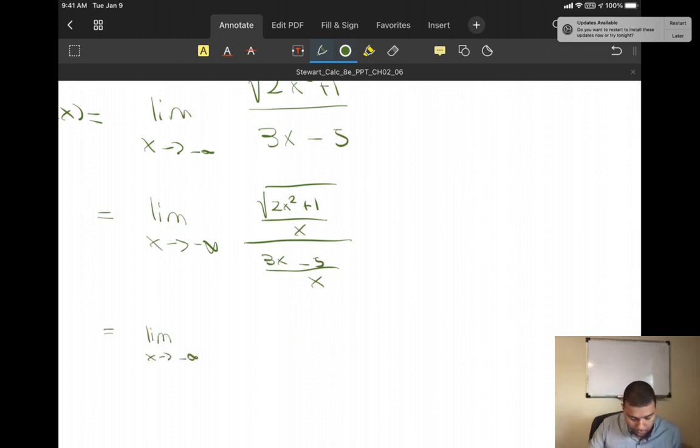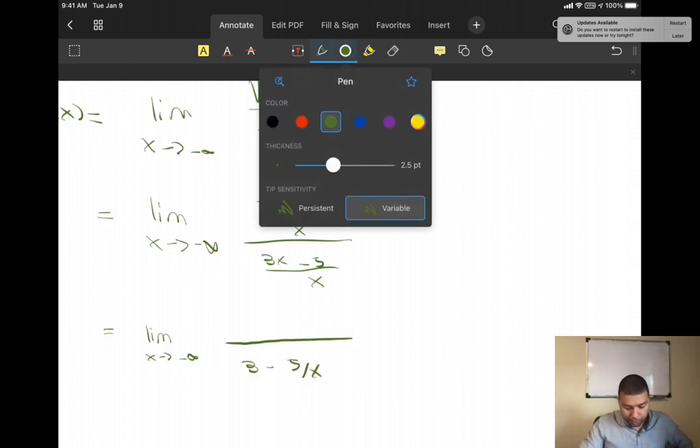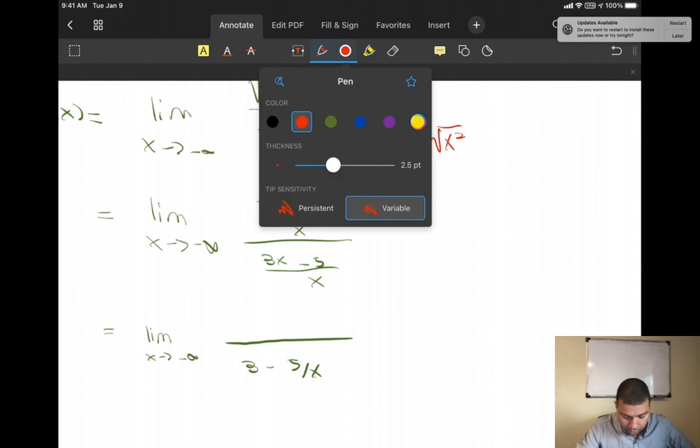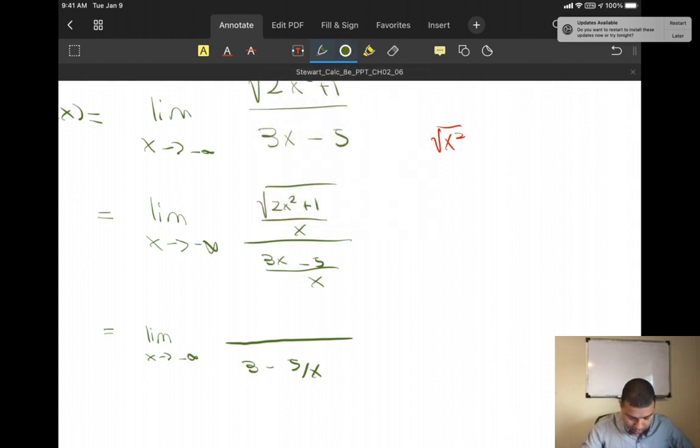So the bottom is the same, so I got 3 minus 5 over x. It's not going to cause any trouble to me. But now, square root of x squared, I can't just write x squared and bring it into the square root. It's not true that the square root of x squared is just x.